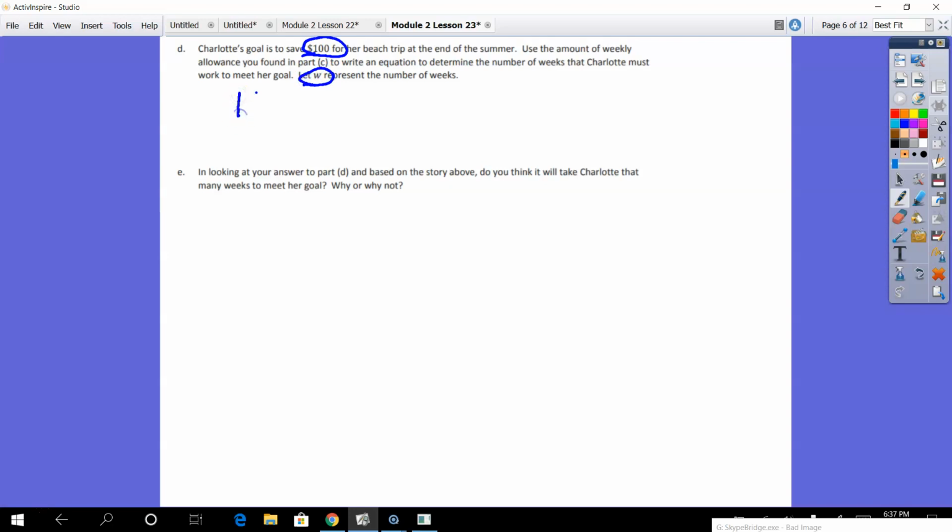Okay, so she's making $16 per week, so 16 times the number of weeks, and we need her to make $100. Here we would just multiply by the reciprocal. So W is equal to 100 divided by 16.